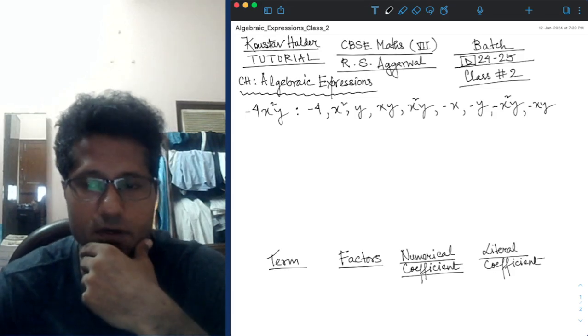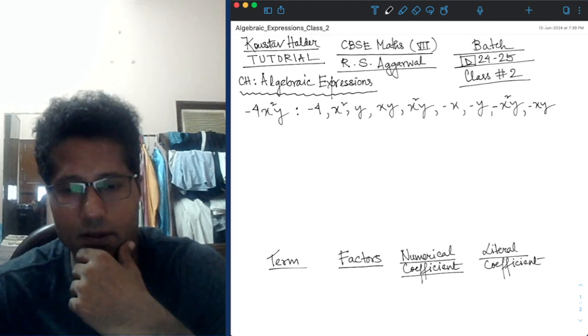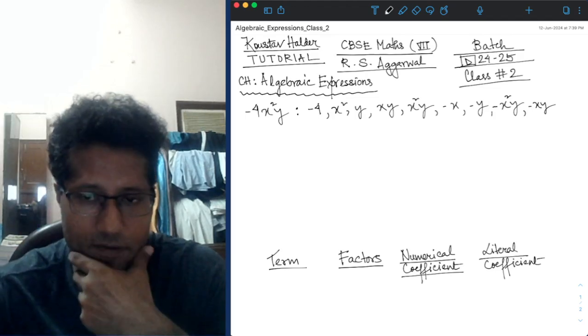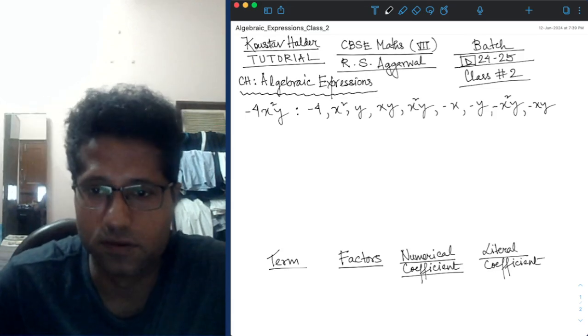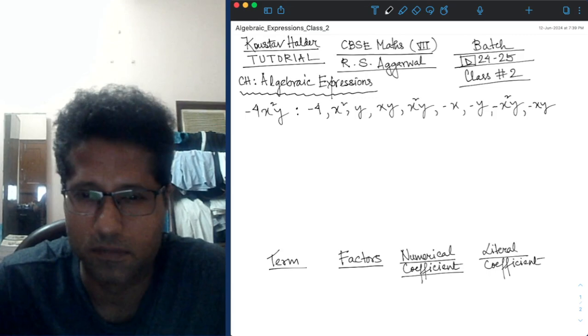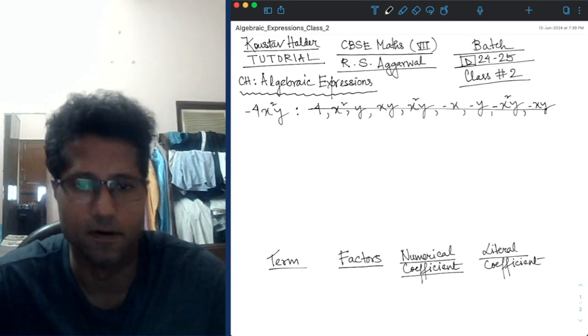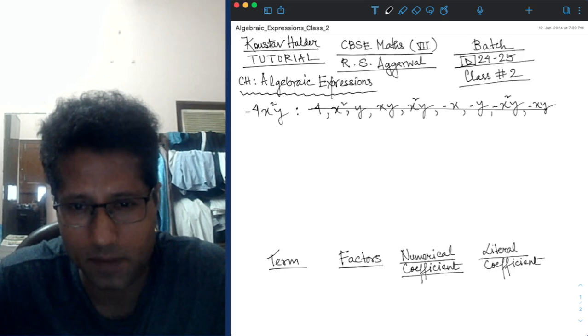But the factors of a term is where I have seen that the definitions are different in various books. But anyway, in my understanding, finally, I understood that this is wrong.